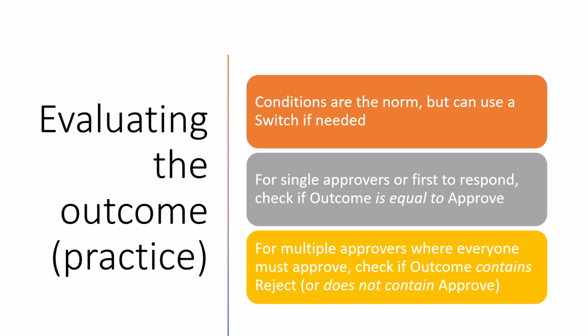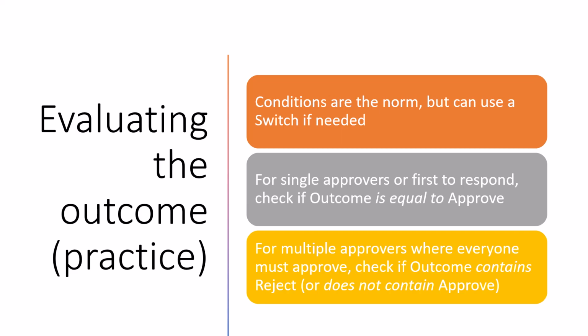So you can't simply say, does outcome equal reject? What I typically use is, if outcome contains reject, then you know that at least one person rejected it. Or you could say, does it not contain approve?